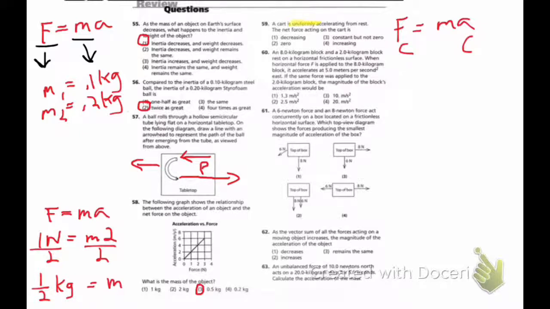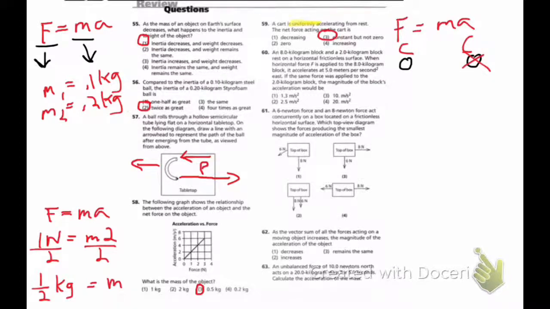So when we look at our choices, the only choice that has a constant net force acting on the car is 3, constant but not 0. But why not 0? Well, the only way the force can be 0 is if the acceleration is 0. And since we know that the car is uniformly accelerating, we know that this cannot be true. Therefore, choice number 3 makes sense. Constant, but not 0.